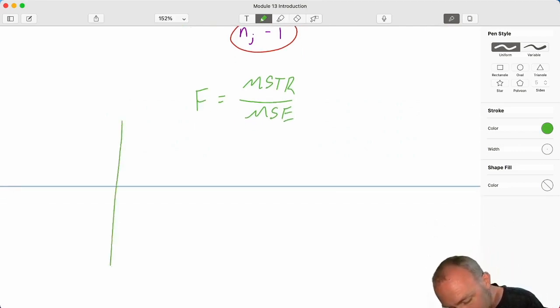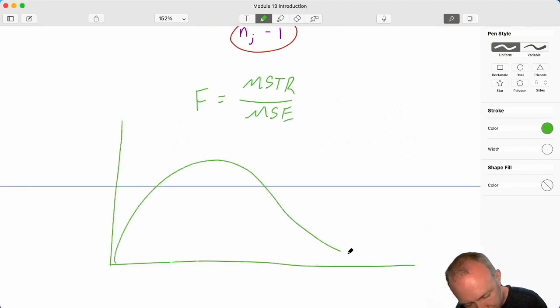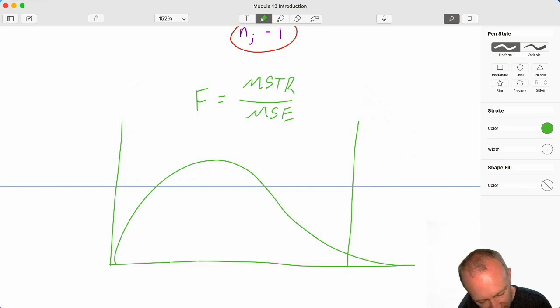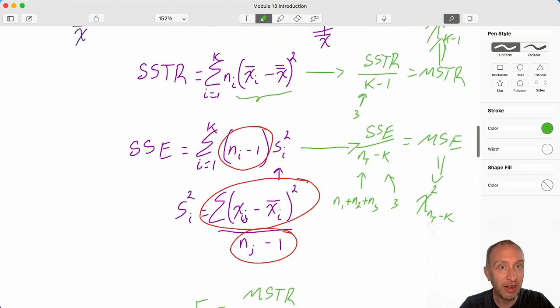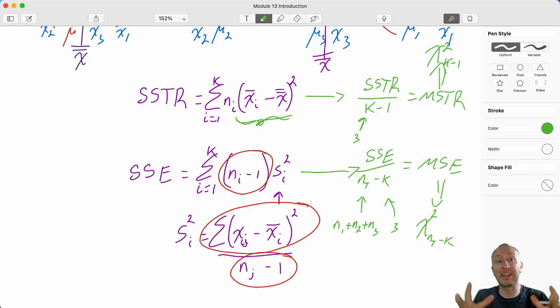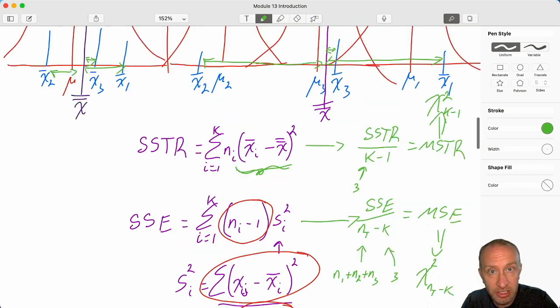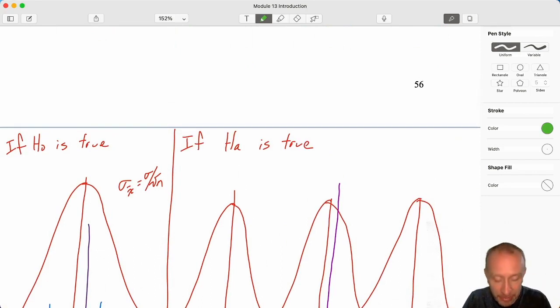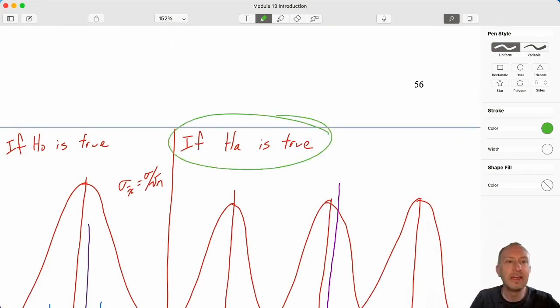because the only reason why MSTR will be greater than MSE is if it's inflated. What makes it inflated? MSTR is only inflated when these differences are significantly large. If those differences are significantly large, well, that only happens if the alternative is true.